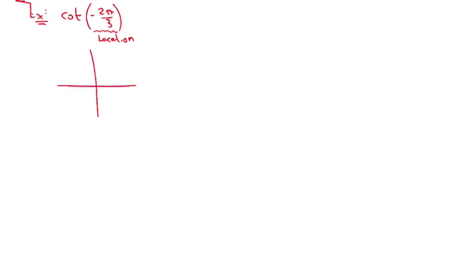You're going to get sick of drawing these pictures, but I hope you've drawn all of them. If you draw the picture, you won't make weird mistakes most of the time. If you try to do it in your head, generally you'll either get the sign wrong or the ratio wrong. One of the two. All right, so where's negative 2 pi over 3 located?